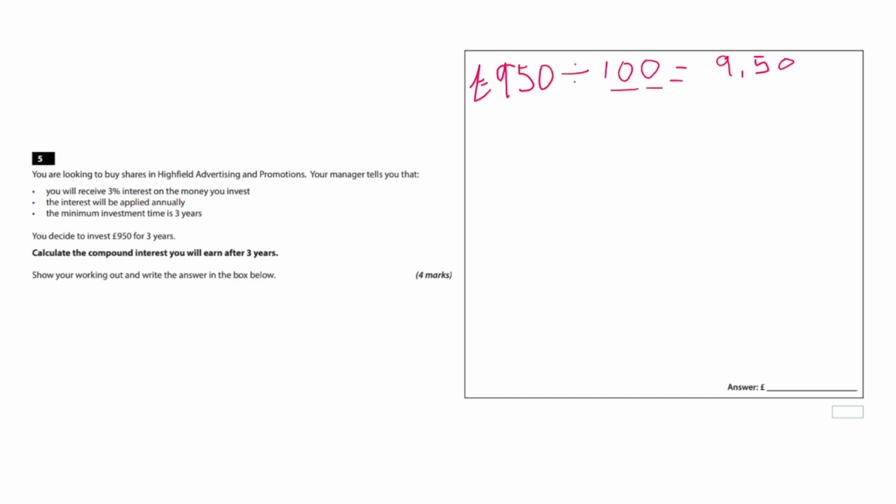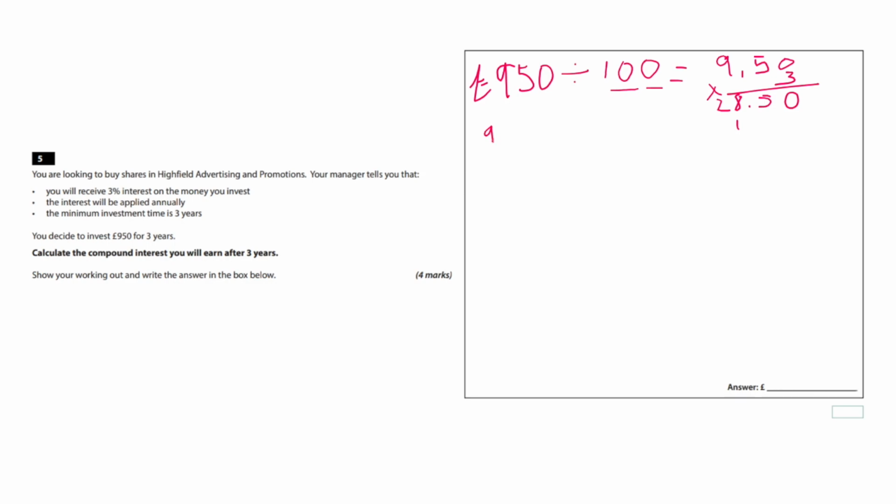So we need to now multiply that by 3 to get 3%. 3 zeros are 0. 3 5's are 15. 3 9's are 27, 28. £28.50 is our interest for year 1. So we have to add that on to our 950.